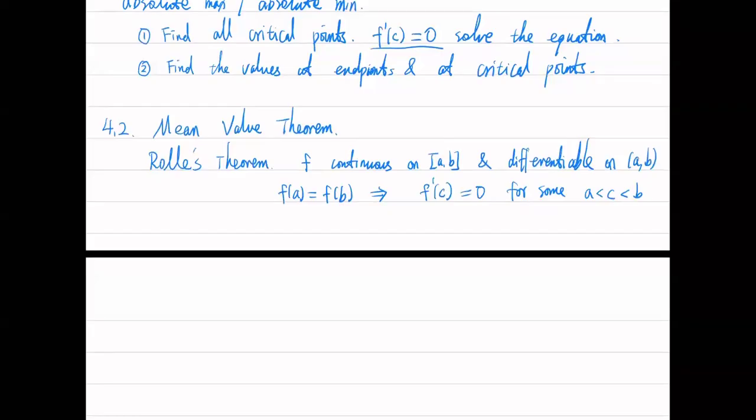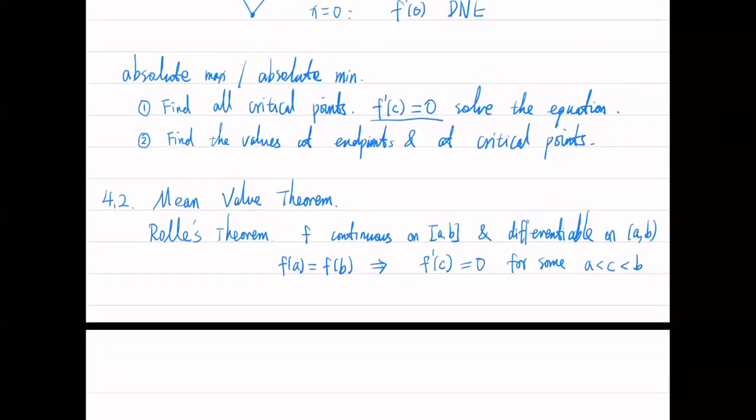Let me draw an interval, a to b. The condition is the function is continuous on this interval, continuous and differentiable, and the function values at the endpoints are the same.